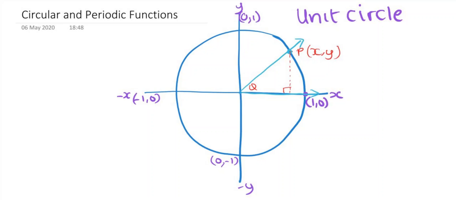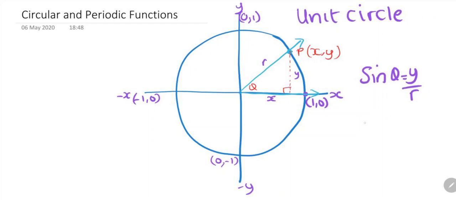So sine of theta will be the y value divided by the r value, r being the radius. This is our x and this is our y.